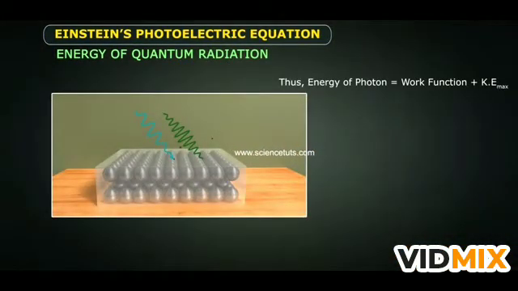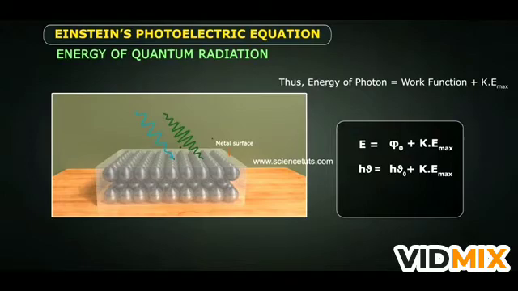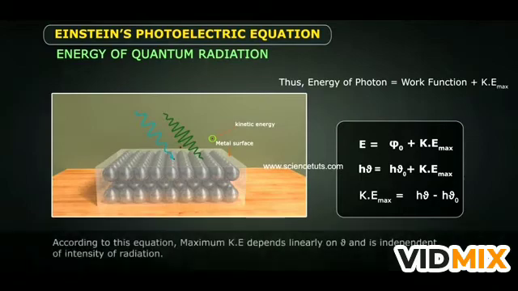Thus, energy of photon equals work function plus KE maximum. E = phi naught + KE max. h nu = h nu naught + KE max. KE max = h nu minus h nu naught.